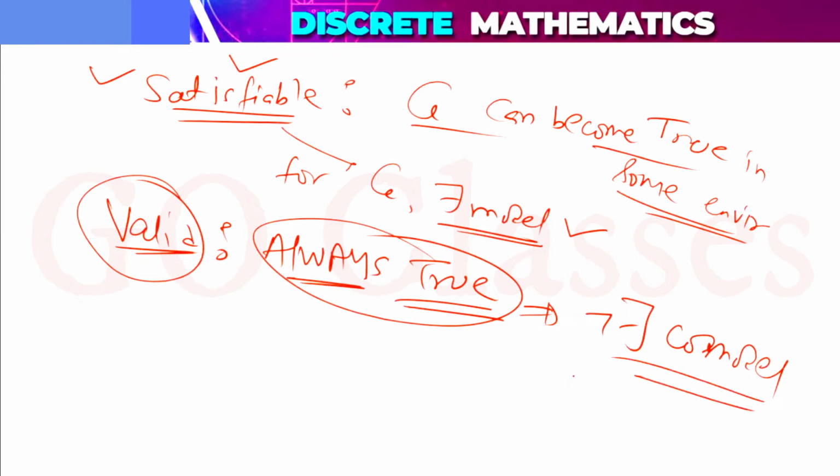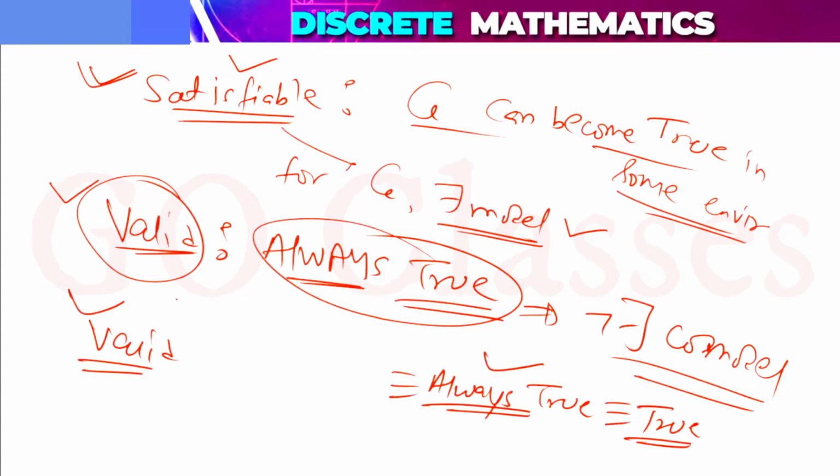This is the definition of validity, and that was the definition of satisfiability. Invalid means there exists a co-model. Satisfiable means there exists a model: somehow we can satisfy it in at least one environment. Then that is called satisfiable.